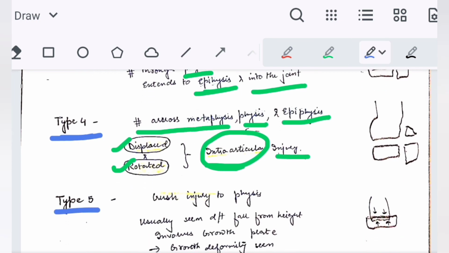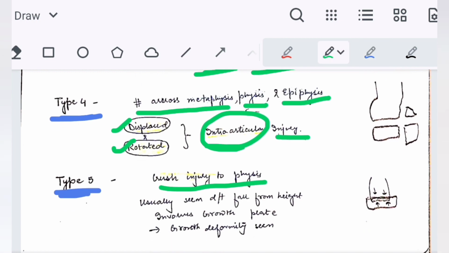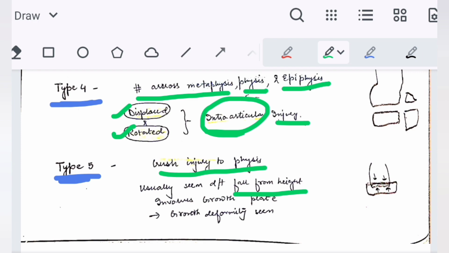In type 5, there is a crush injury to the physis, which is usually seen in cases of fall from height, and it involves the growth plate, so growth deformity can be seen later.